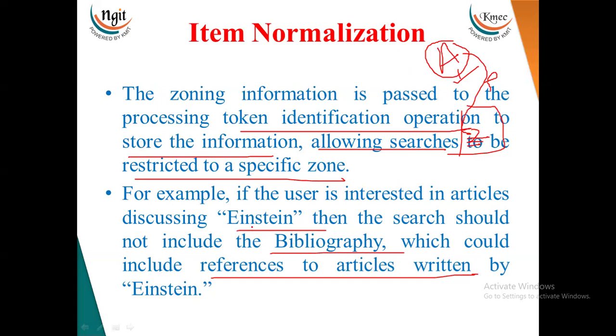So if I'm talking about Einstein, only Einstein-related articles will be there. Remaining articles will be removed. So this is called zoning information, and in this particular zoning information, it is only about the Einstein articles. So Einstein articles will be there. Remaining articles will be removed.